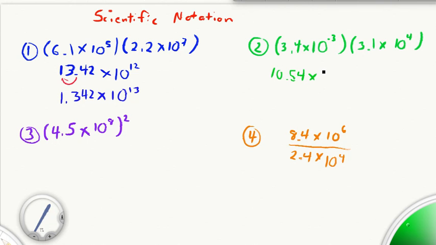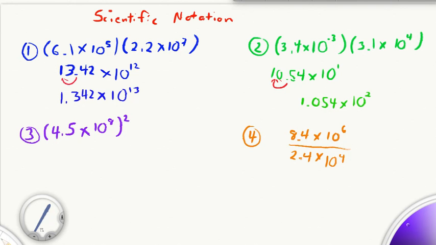Times 10, and then negative 3 plus 4 is going to give us 10 to the positive 1, okay? And so again, we're going to have to take this decimal point, and there can only be one number there, so we got to move it one place to the left, which means that we're going to have to add 1 to our exponent, so we get 1.054 times 10 squared, and that would be your answer here.